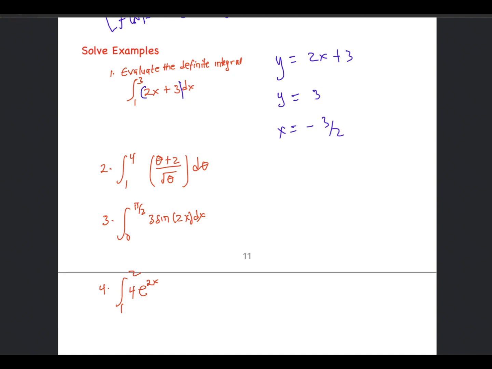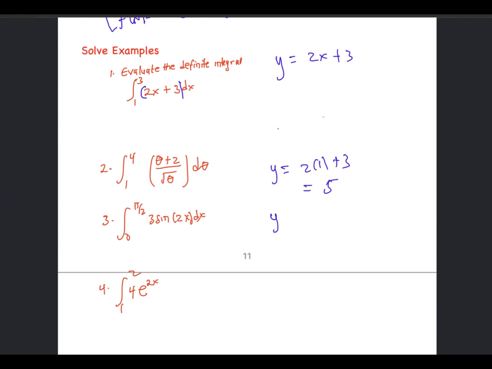Let's say for x equal to 1, because we are using the limits 1 and 3. When x equals 1, y equals what? We didn't give a limit to start from 0, we gave it to start from 1 to 3. So y equals 2 times 1 plus 3, which is 5.